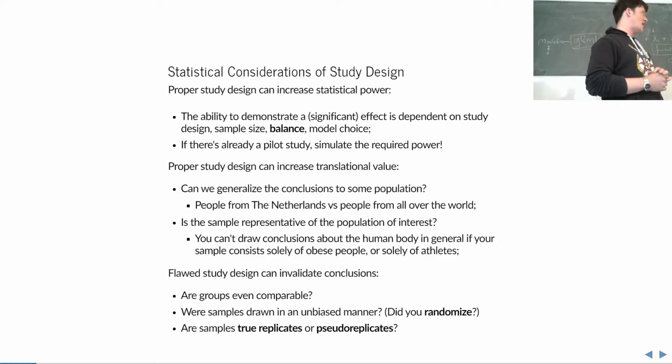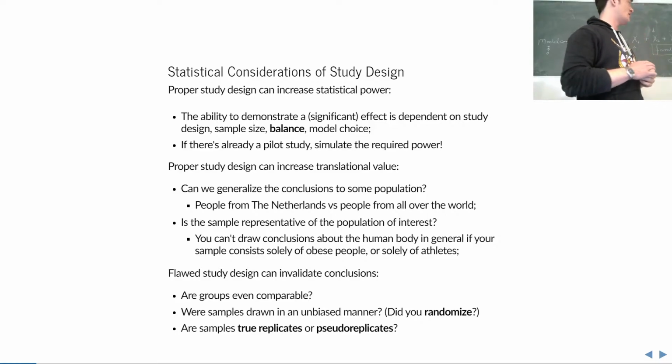Let's see how this medicine works on them, or how this intervention works on them. Same for obese people, a very common sample used in science, but of course not representative of the entire population. So you have to be aware of what you can and cannot generalize your conclusions to.